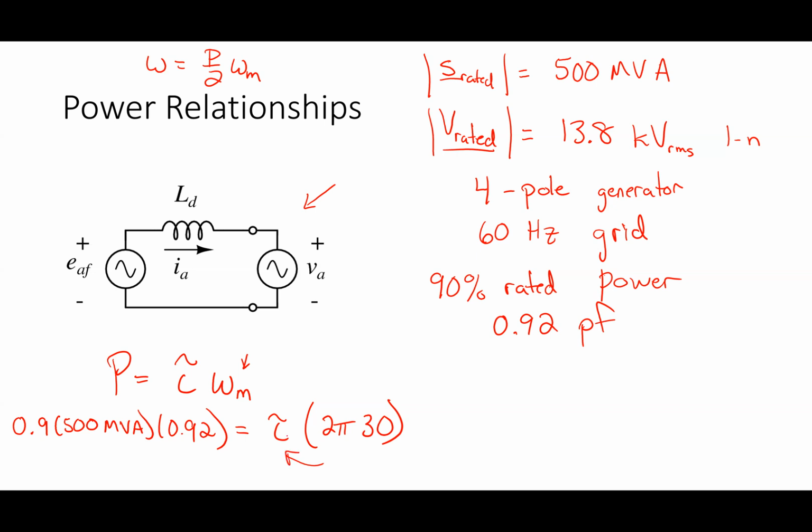What if I was told, okay, I want to change the Q value? What do you think I would change to change the Q value, the reactive power? I don't have to change the torque to change the reactive power.